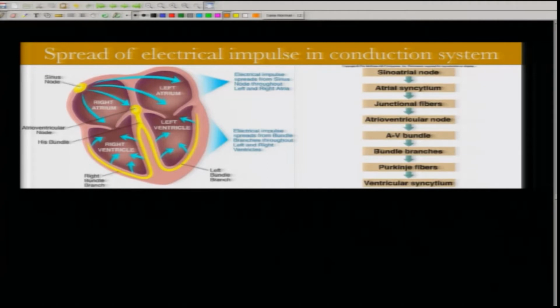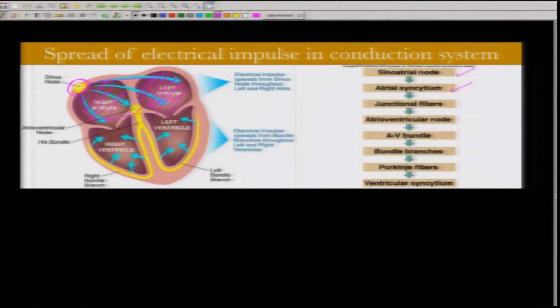So, this brighter color is the sinus node or sinoatrial node. I told you that the distance to be traveled will be more. Now, from the sinoatrial node, the impulse moves to the atrial syncytium. Atrial syncytium means this whole area, which looks like a continuous structure, right. So, this is called atrial syncytium.